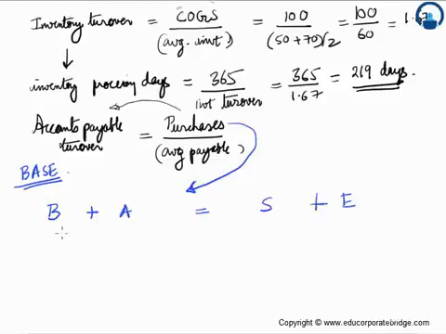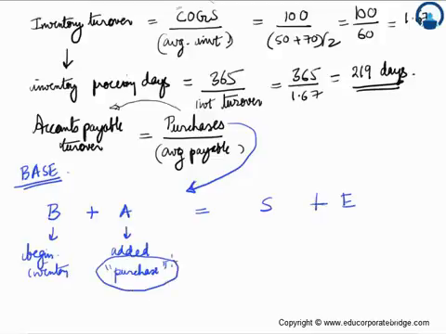This equation starts with the beginning inventory. It says that you have the beginning inventory and you would have added some inventory during the year, and these are basically nothing but purchases. So purchases of the inventory or the raw material, this is the number that we want to actually find out. S is nothing but your cost of goods sold, so we subtract the cost of goods sold, and E is the ending inventory.